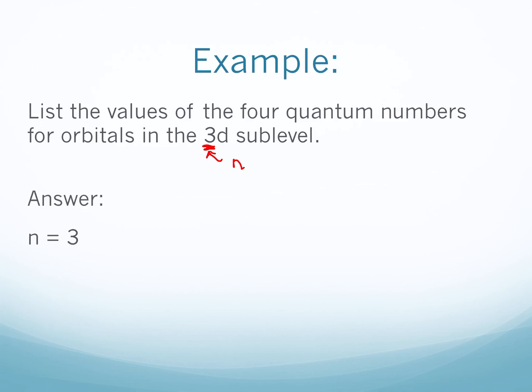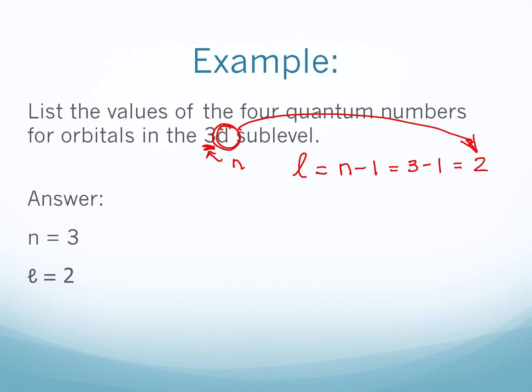The way we figure out l, l is always n minus 1, so we have 3 minus 1, which gets us 2. So l is 2, which correlates to the d sublevel. D is l equals 2.